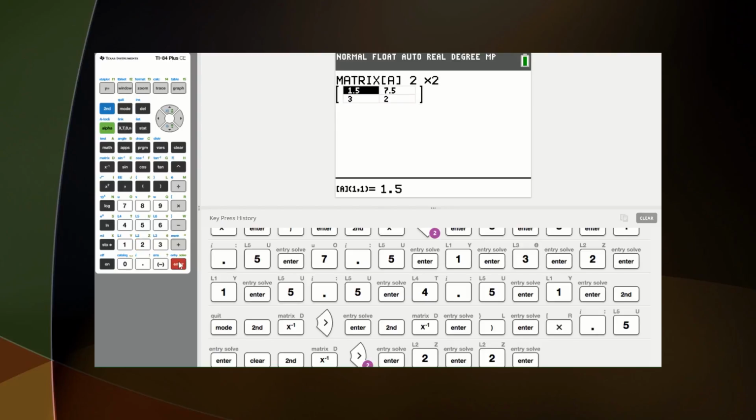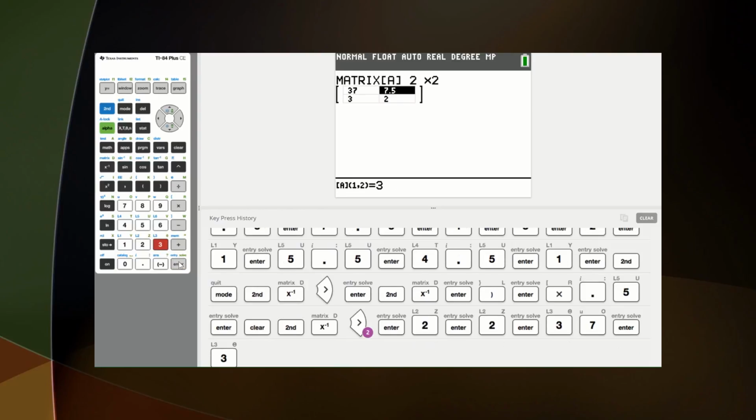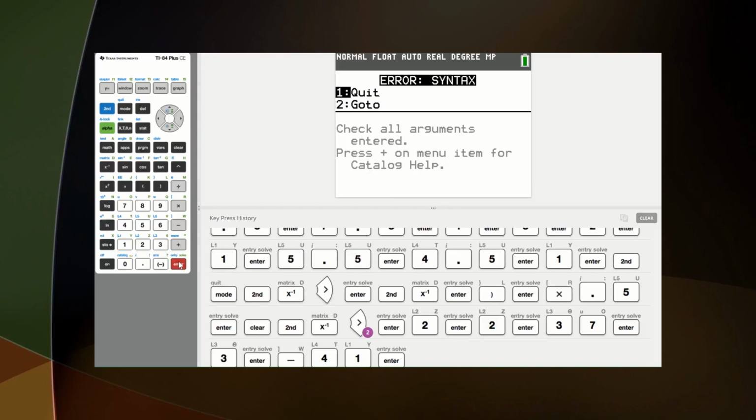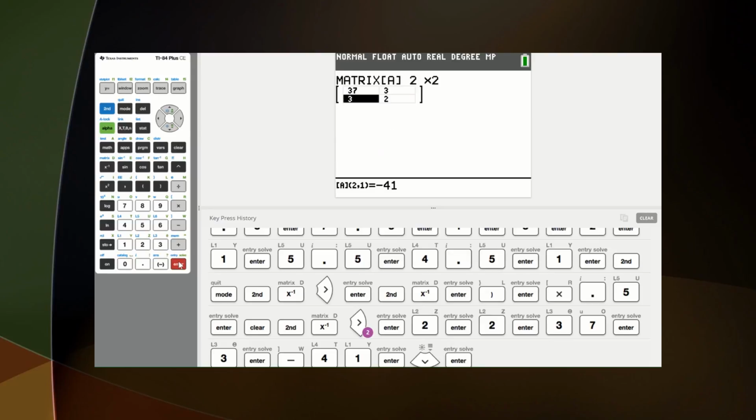And the values that I had were 37, 3, negative 41. Oh, I can't use the subtraction button, I need the negative button. Negative 41 and negative 7.